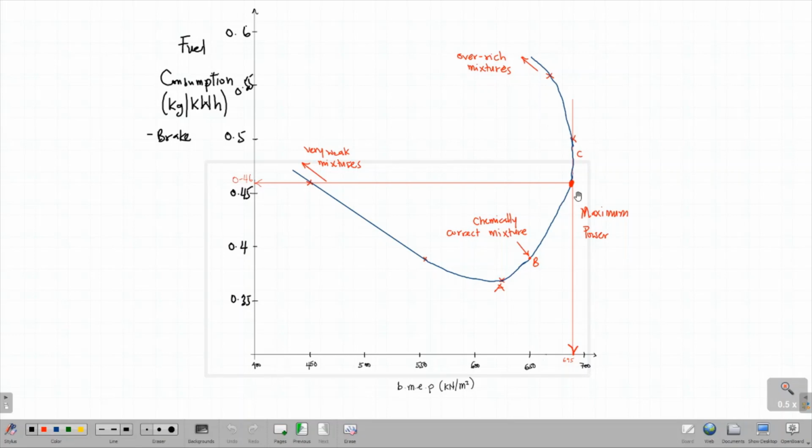Further enrichment of the mixture after point C results not only in a greater fuel consumption per kilowatt hour, but also in the reduction of the brake mean effective pressure and consequently the brake power being developed. The effect of this is to cause the curve to loop backwards, as shown in the figure.